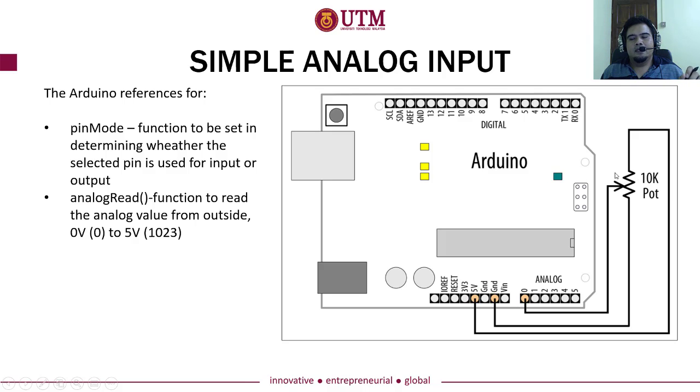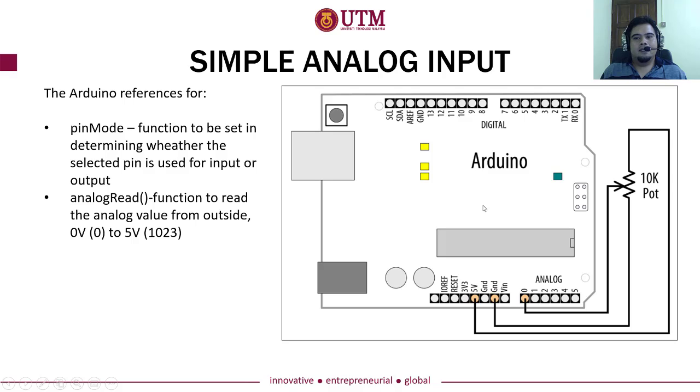Once the resistance is varied, it will give a different voltage signal which comes from here to this wire. So this analog A0 will keep reading different electrical voltage values, depending on the position that you turn the potentiometer. But the range is from 0 to 5 volt.